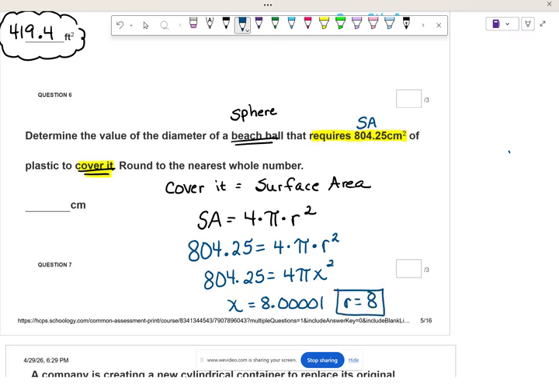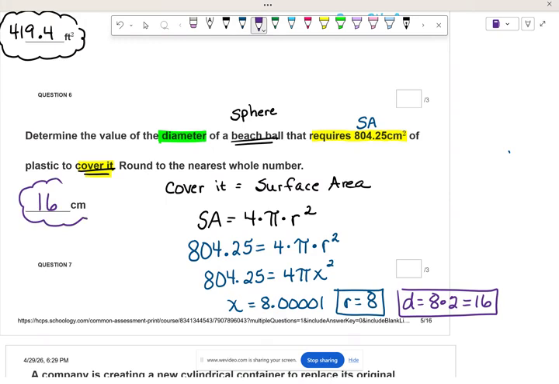But wait, there's more. They don't want the radius, they want the diameter. To turn a radius into a diameter, you double it. So the diameter would be 8 times 2, or 16. So the diameter of this beach ball would be 16 centimeters.